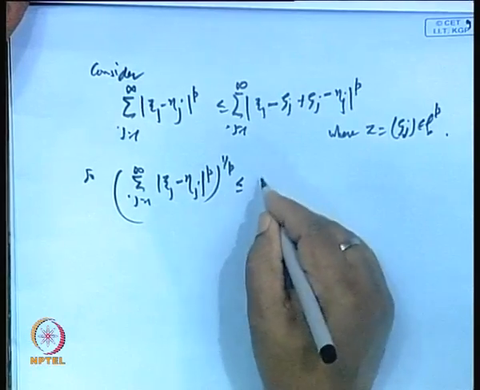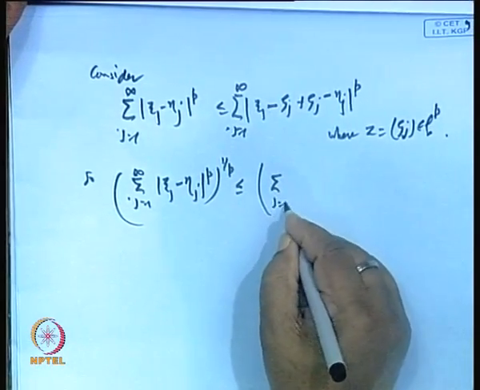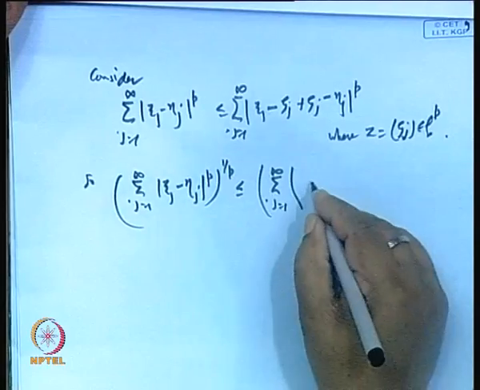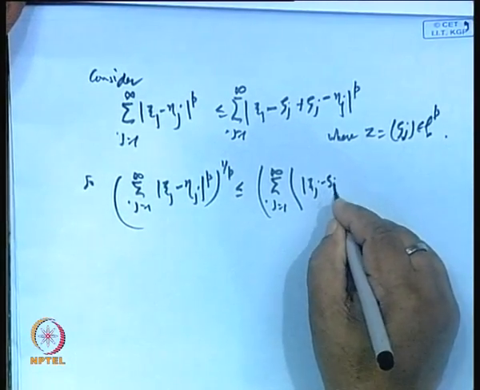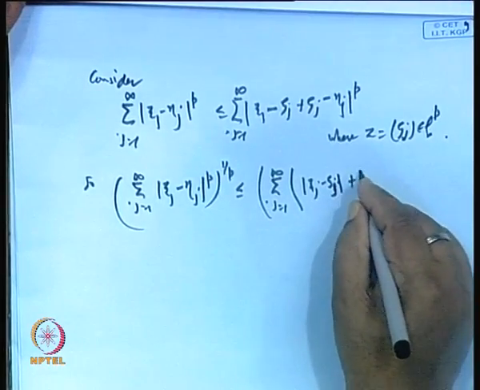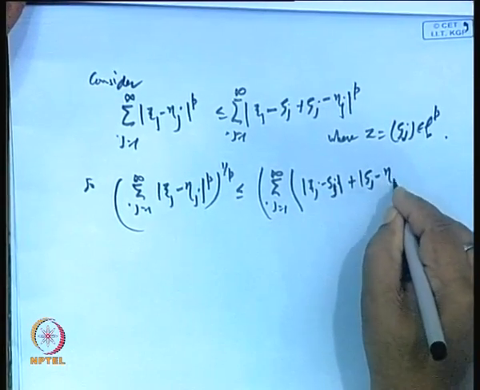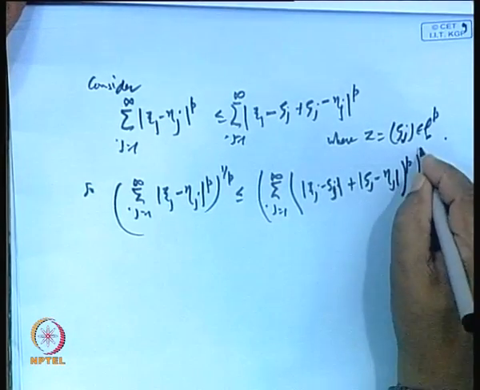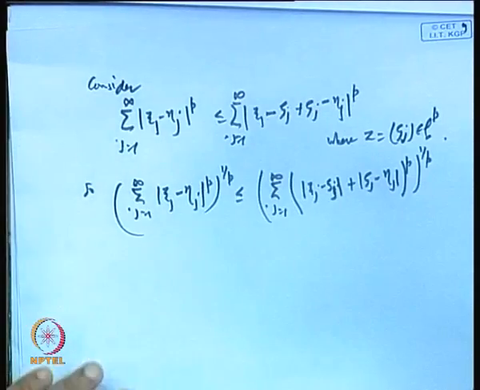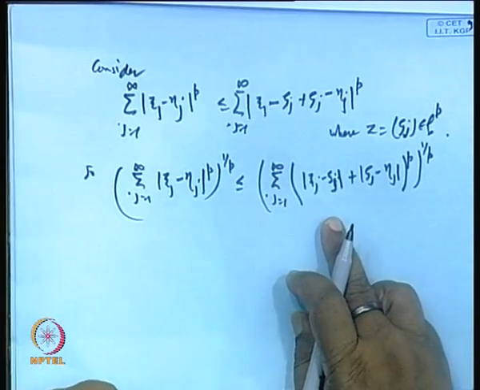Now, this is less than or equal to sigma j equal to 1 to infinity of mod of xi j minus zeta j plus mod of zeta j minus eta j, power p, power 1 by p. Okay, that is right. Now, apply the Minkowski inequality.